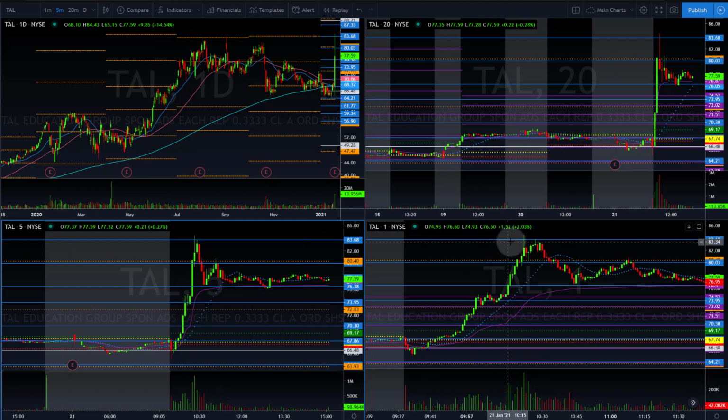Now, once the base is formed, what interests me is how it's going to react at that base level. In this case, it could not hold on to it. It did try. It came down to 79.75.